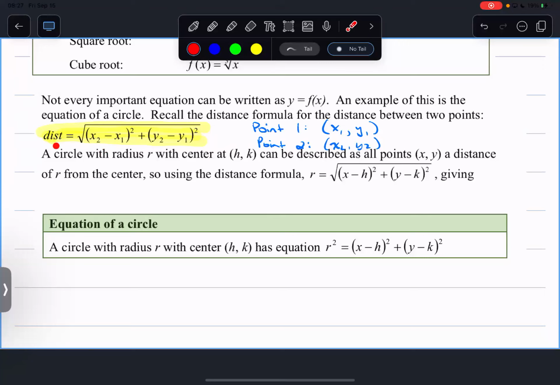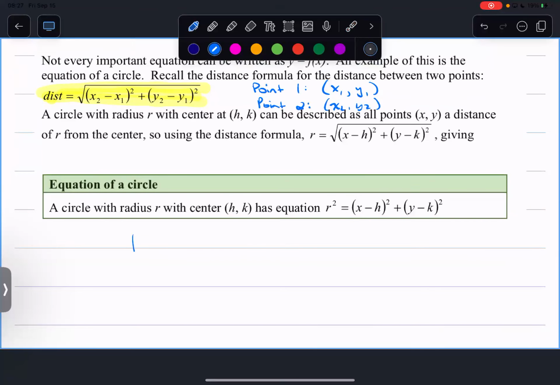So the distance between 2 points. So imagine here, you've got, I'm running out of space here. How about this? I've got x1, y1, and I've got x2, y2, and I'm trying to find the distance between these 2 points.